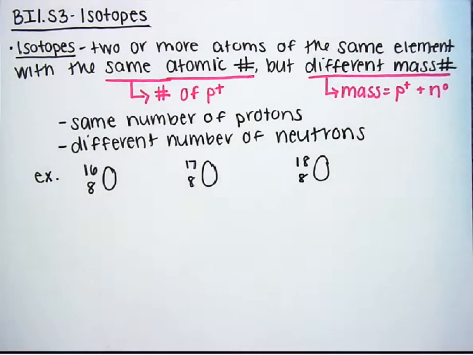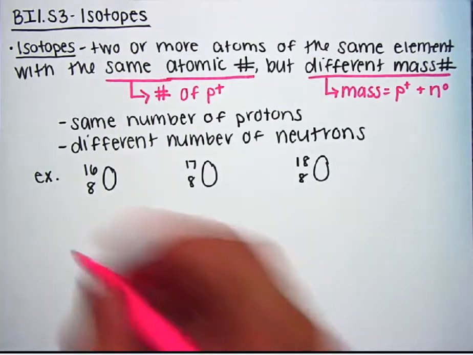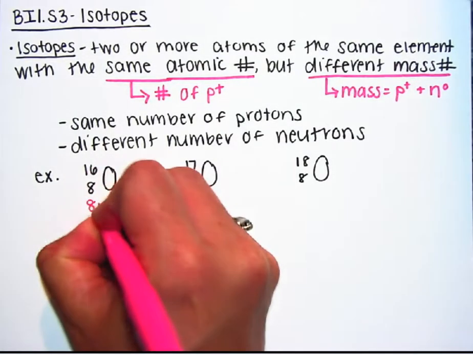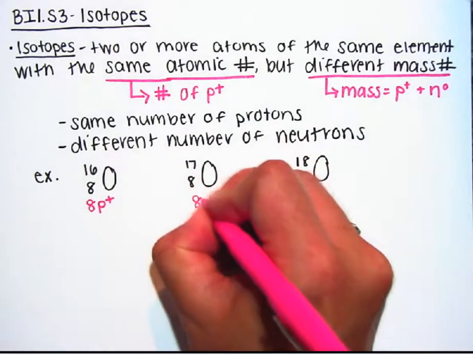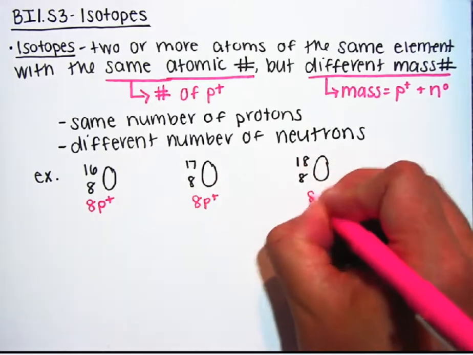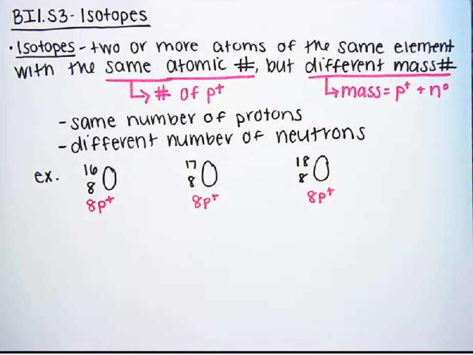So oxygen 16, oxygen 17, and oxygen 18 are all isotopes. Since they're all oxygen, they have the same atomic number, which means they have the same number of protons.